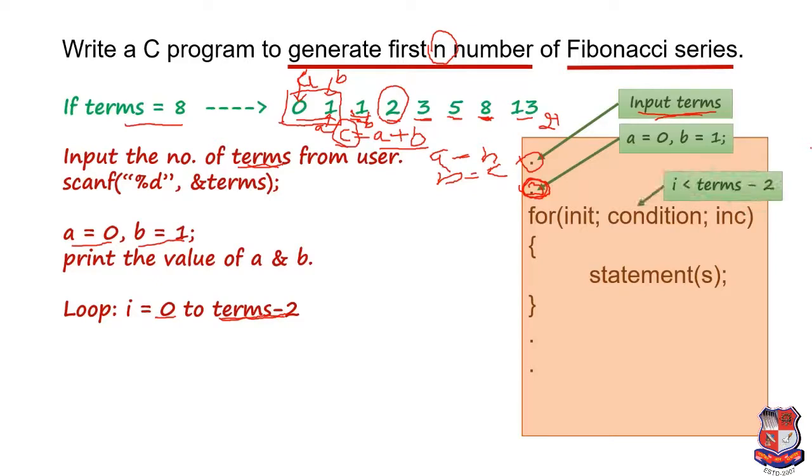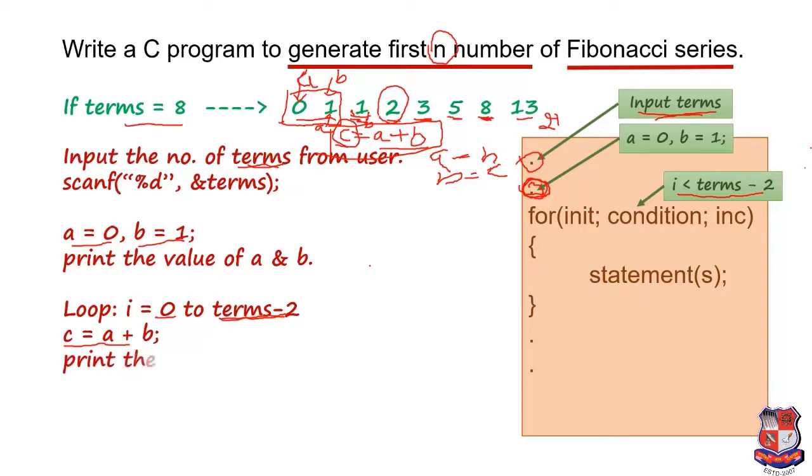That will be mentioned in the condition, so it will be like this: i less than terms minus 2. Next is C equals A plus B. As we already discussed, we write this expression inside the loop.